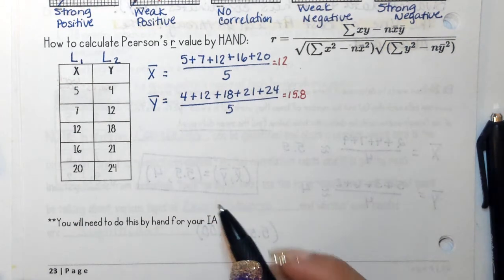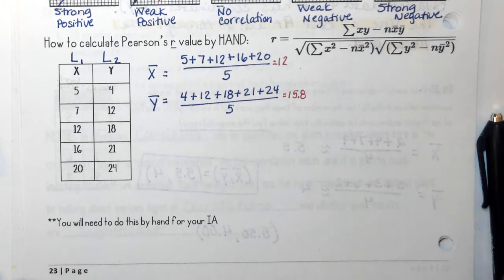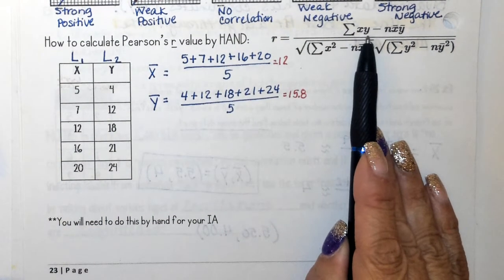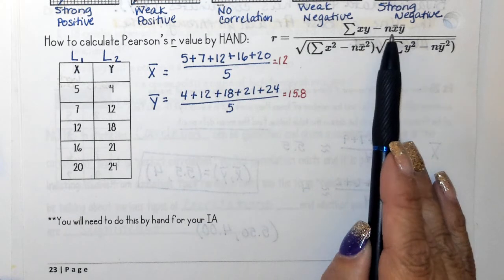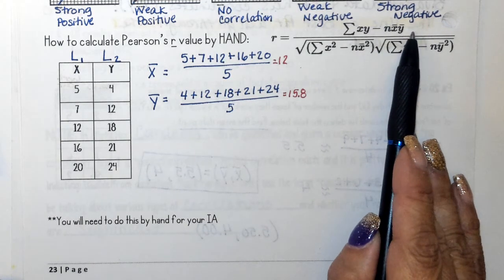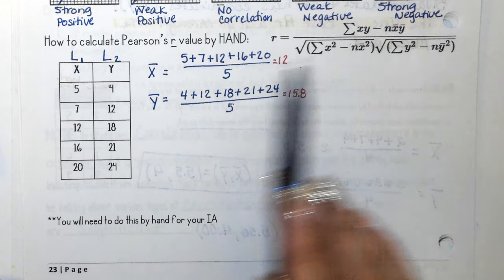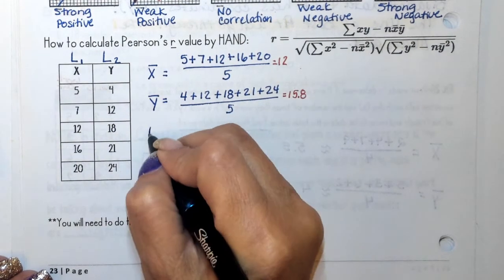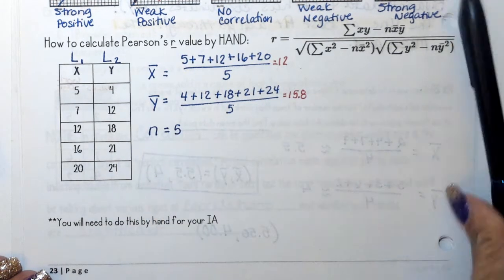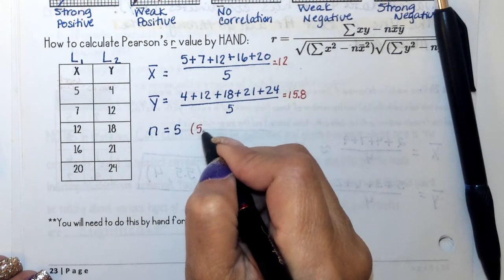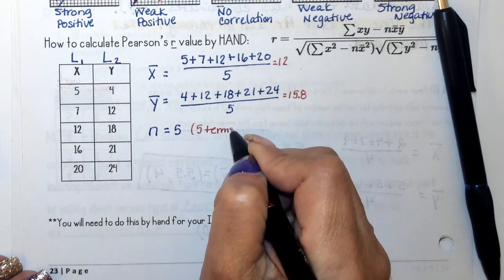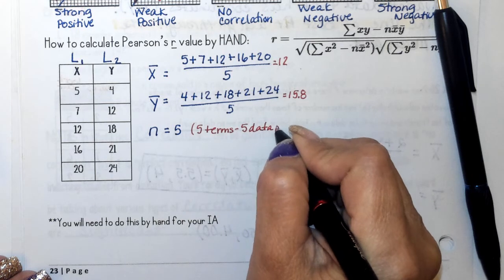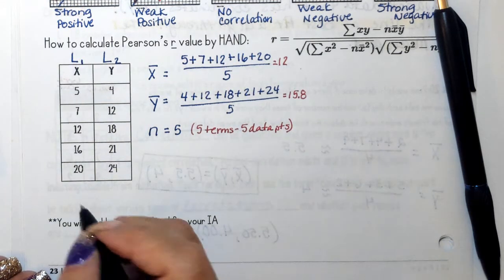All right, so I'm trying to think how I want to set this up. I need to have x times y, right? I need to have n times x bar times y bar. n is the number of our terms. We have 5. So let's put n equals 5, and 5 data points.